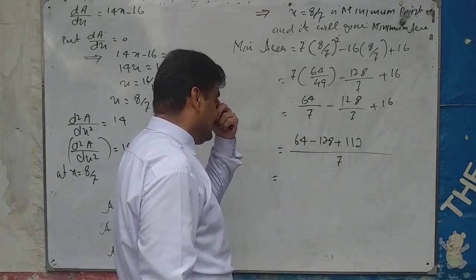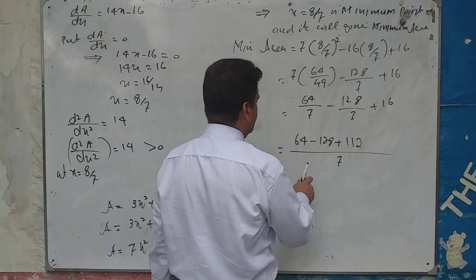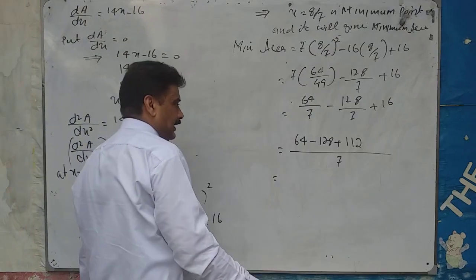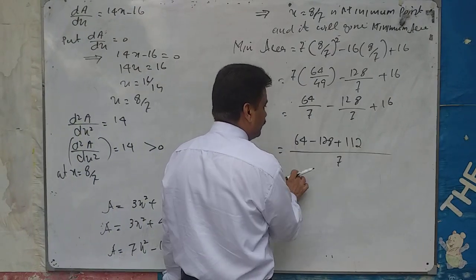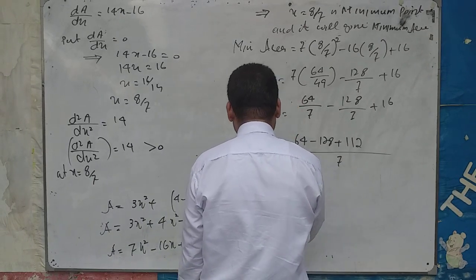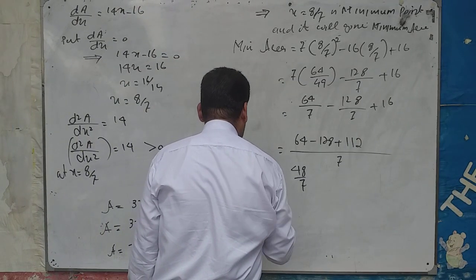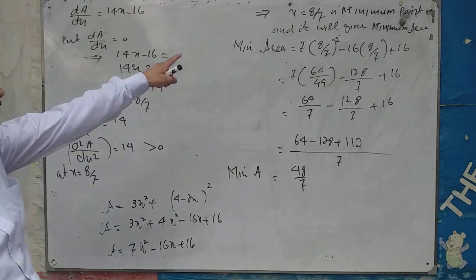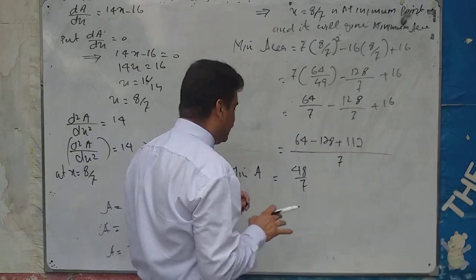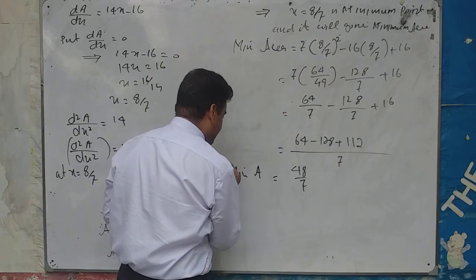By adding, 64 minus 128 gives minus 64, and adding 112 to minus 64, we get 48 by 7. This will be the minimum area. Minimum area of both figures when x is equal to 8 by 7 will be 48 by 7.